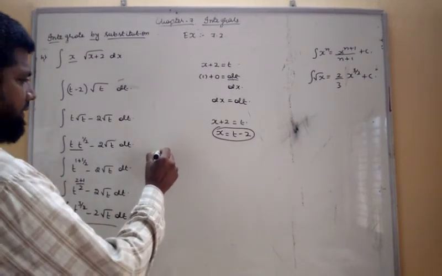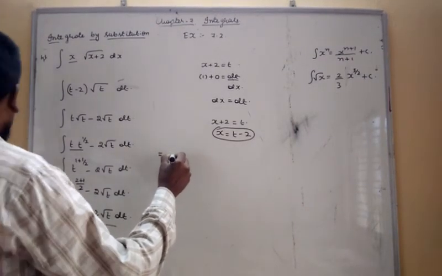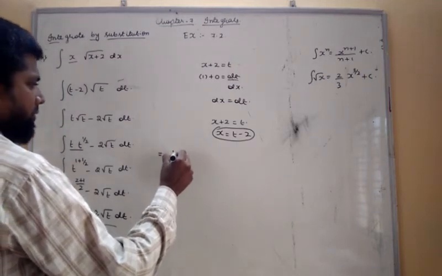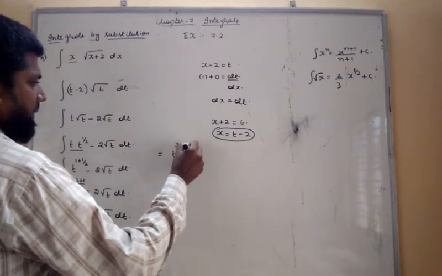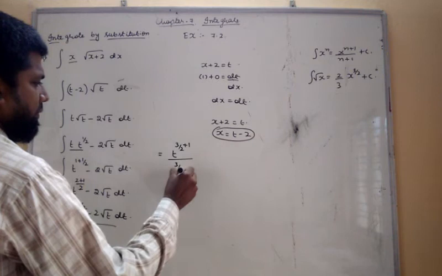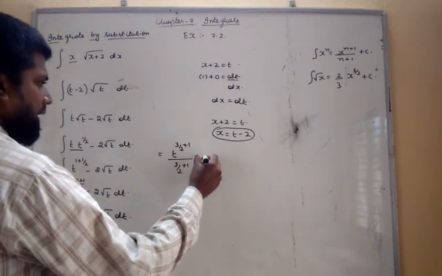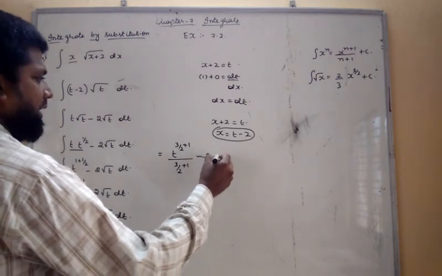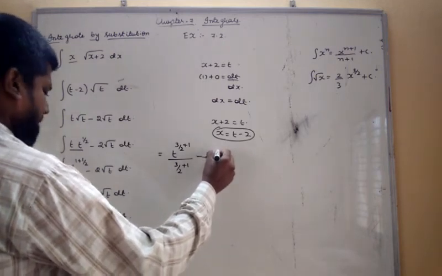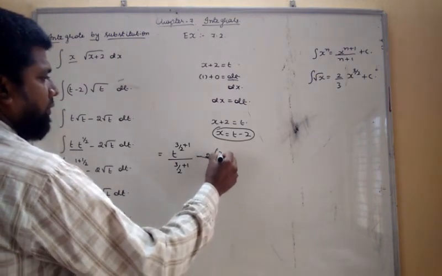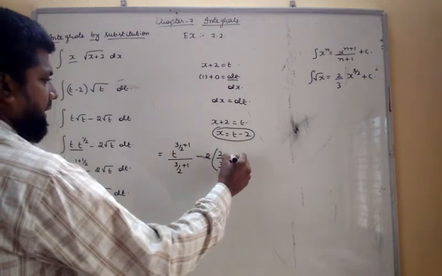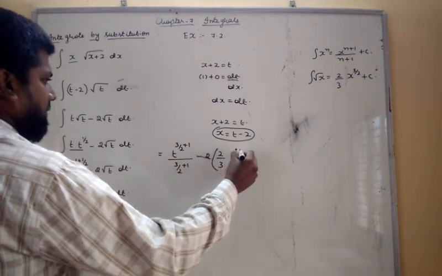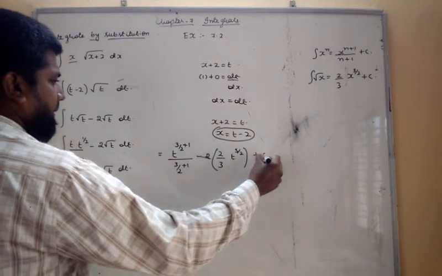Okay, so let us integrate here. Integration of t to the power of 3 by 2 gives t to the power of 3 by 2 plus 1 by 3 by 2 plus 1, and 2 is a constant. Root t integration is 2 by 3 t to the power of 3 by 2 plus c.